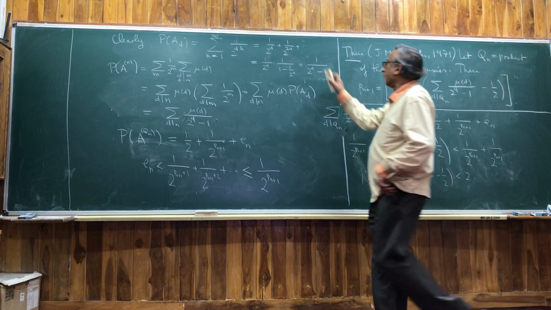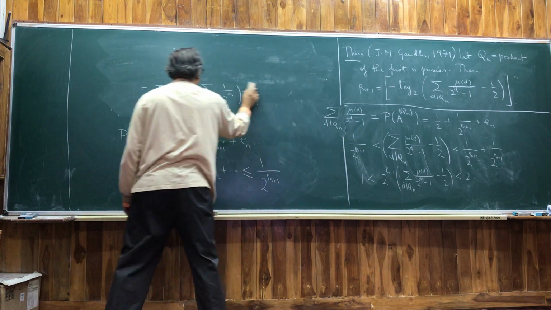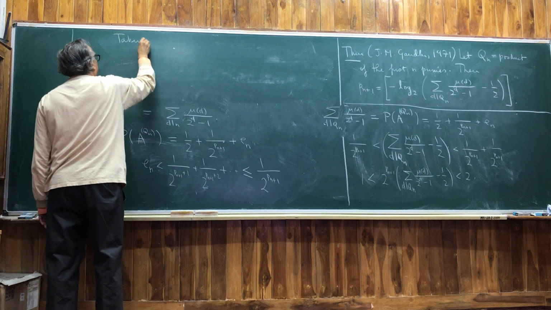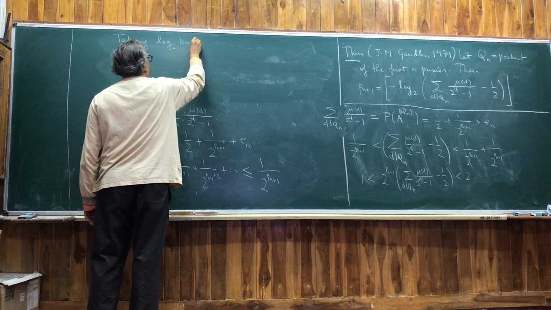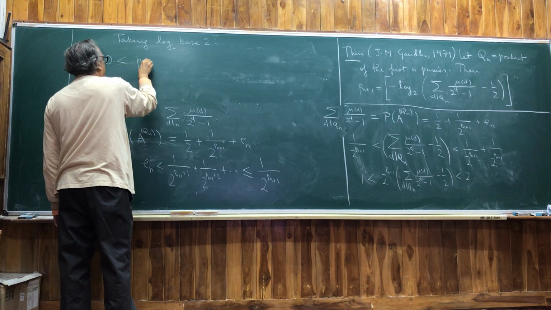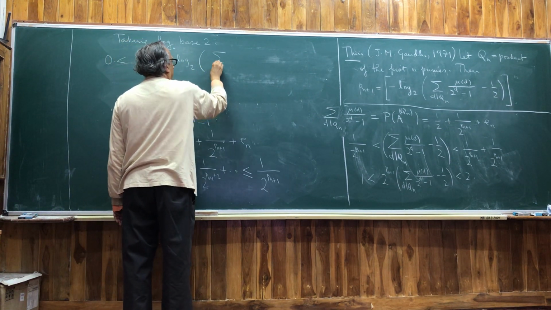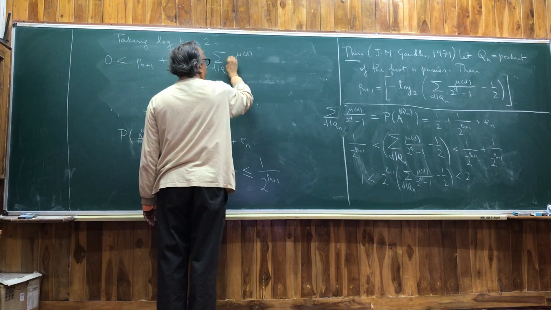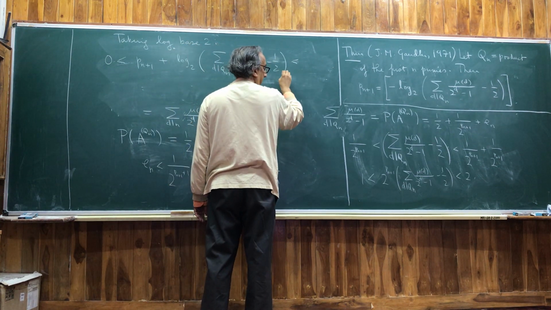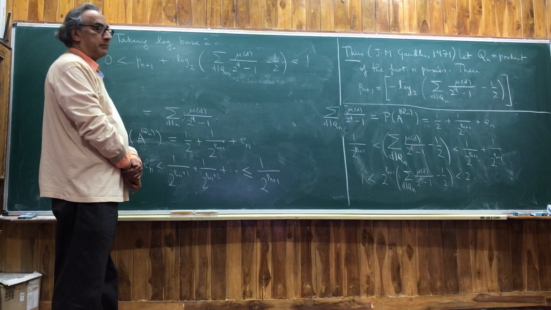Therefore, if I take log base 2, we get that 0 is less than p sub n plus 1 plus log base 2 of the sum, which I'll call star.